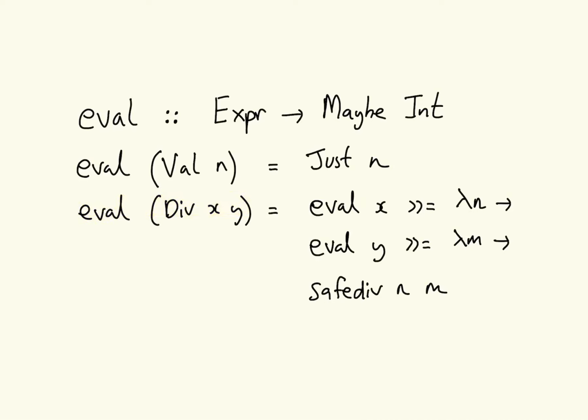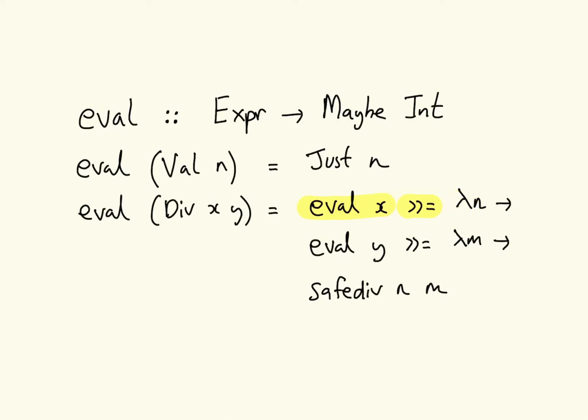We're going to do three things, one after the other. The first thing we're going to do is evaluate x, and if that fails, then the bind operator will just propagate the failure for us. We don't need to worry about that. But if it succeeds, it will pass the successful integer into the function. So the function here is going to name that, or bind the value of n, and then we'll continue.